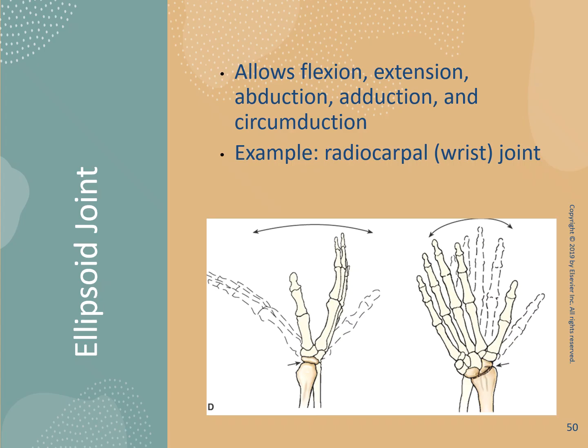You keep your hand straight and it's just your wrist that's moving and you can trace an ellipse. Okay? The metacarpal phalangeal joints are also ellipsoid.